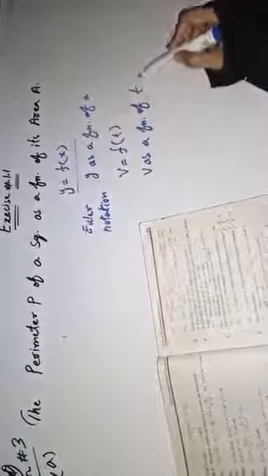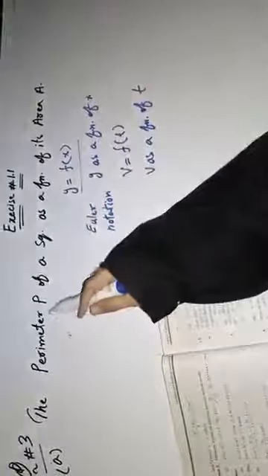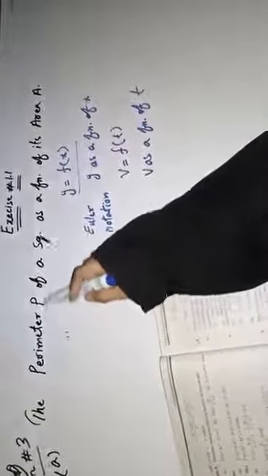So first you must know how to read any given function: y as a function of x, v as a function of t. In the expression given here, perimeter p of a square as a function of its area, we have to express it in this form.